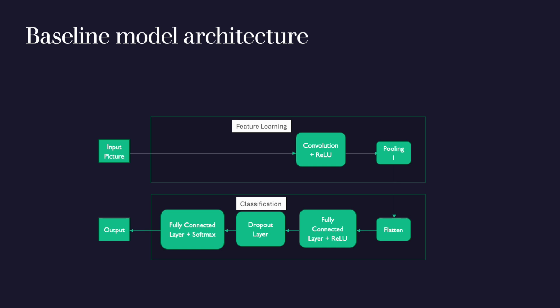The flattened output is passed through a fully connected layer with ReLU activation. Dropout layer. To help reduce overfitting, a dropout layer is incorporated. Output layer. Finally, a fully connected layer with softmax activation outputs the probabilities across classes. This architecture is designed to balance computational efficiency with the ability to capture image features.